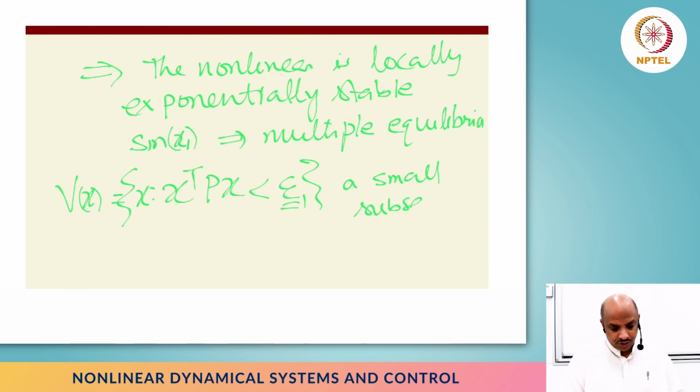So this example shows that we can still conclude local exponential stability in this particular case, but if you use nonlinear methods, we get a much bigger region of attraction.